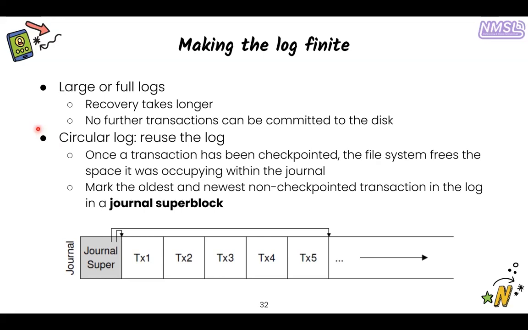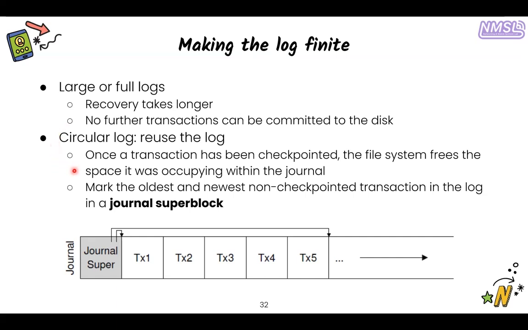Now, sometimes your logs could be full or maybe very large. In this case, recovery would take longer because when a crash happens, you have to go back far and read the whole thing. That's one problem. The second, worse problem might be that if it's full, no further transactions can be committed to the disk. And so the solution to that is something called a circular log, or reuse the log.